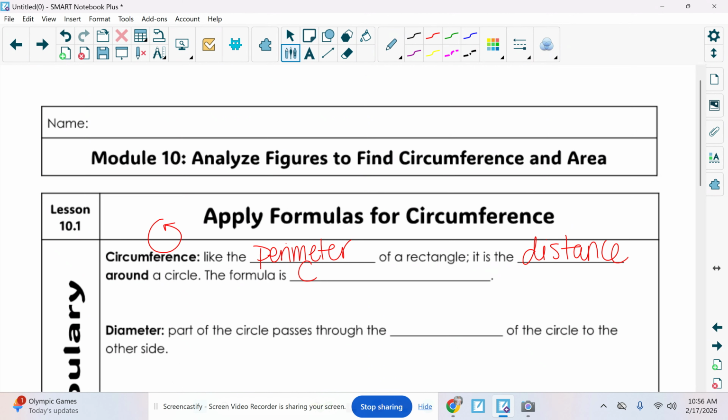Circumference equals this little squiggly thing. So basically you make a miniature 11 with a squiggly top hat. We call it pi. Circumference equals pi d, or circumference equals 2 pi r.